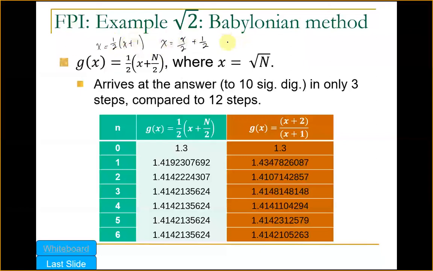Is this correct? I want to make sure I'm not messing up here. So this becomes x over 2 equal, well, minus. Let me make a little check here. Don't want to be mixing it up.